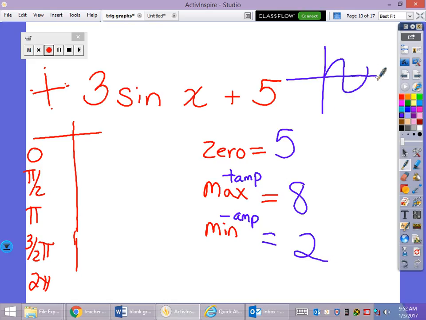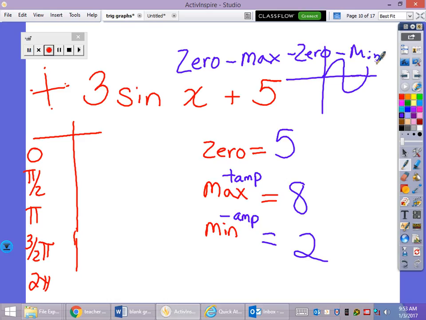This is the graph of sine, yes? Math is nothing more than pattern. If you can break down the code or the pattern, you can do anything in math. Math is very logical. When I look at the pattern, it starts at the 0, then it goes to max, then it goes to 0, then it goes to min.